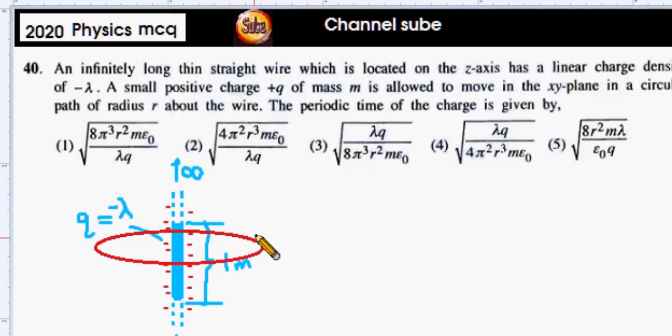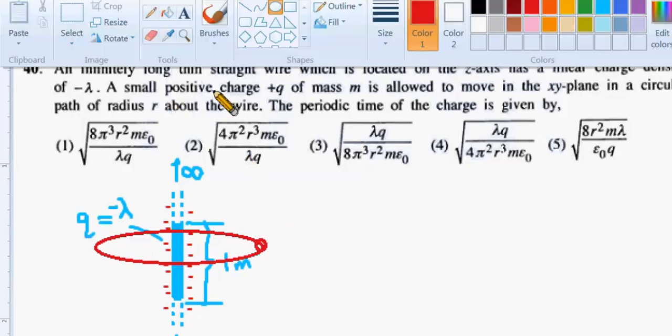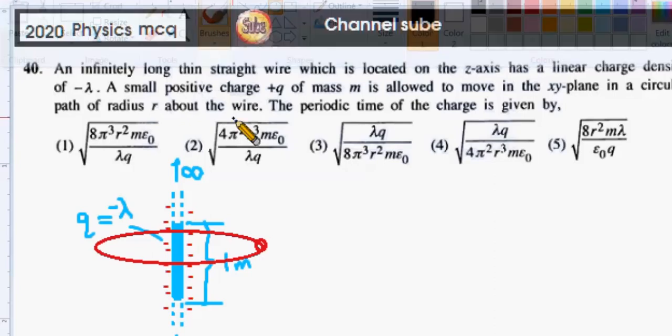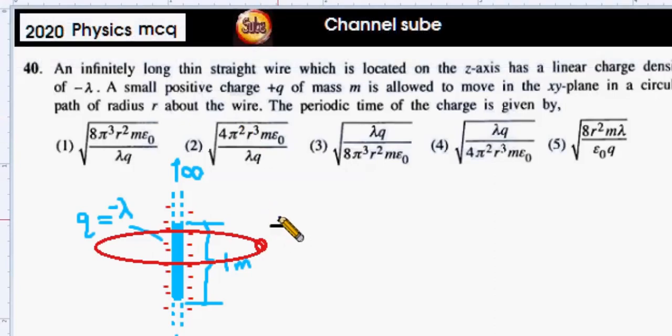So I draw it like this, the particle whose charge is plus q, this one.